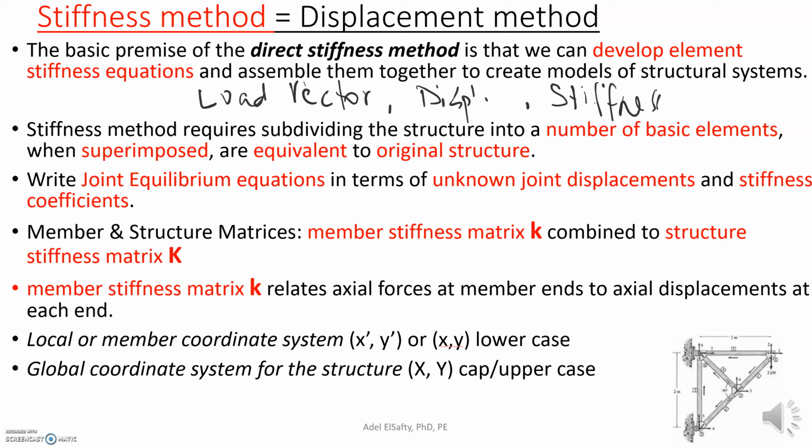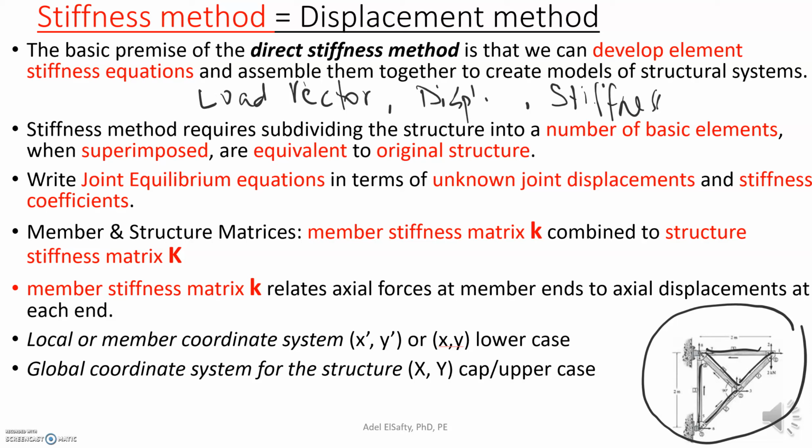This is basically the whole idea behind it. And this is for every element, meaning that for this element, this element, and this element, you will have a matrix for each one of them, and then you assemble them all together to create the model of the whole system, the whole structure. All right, that's the whole idea.